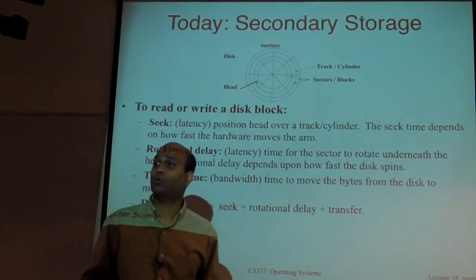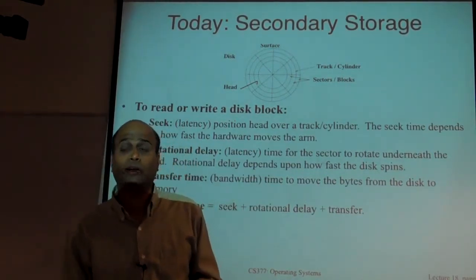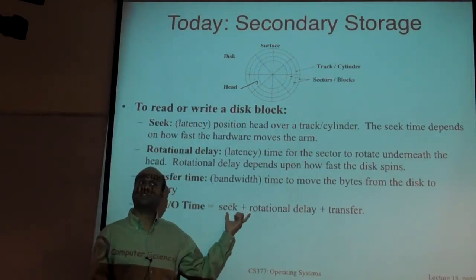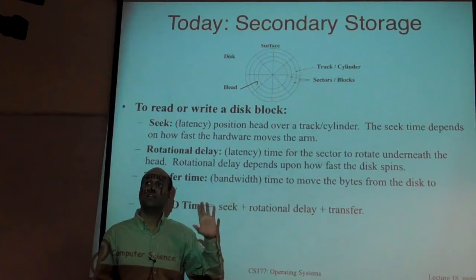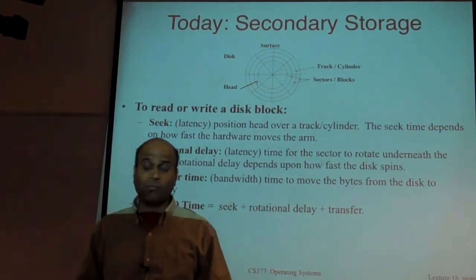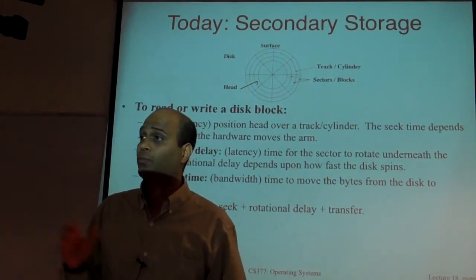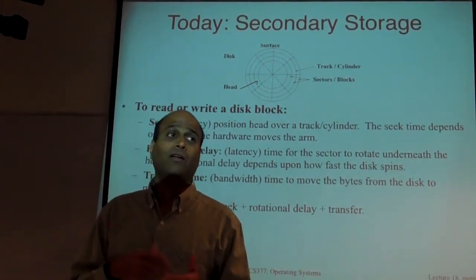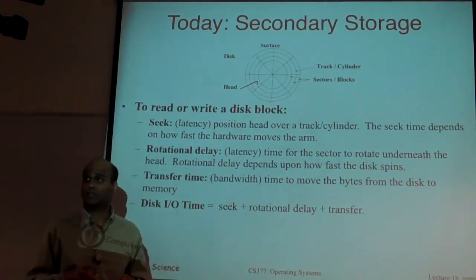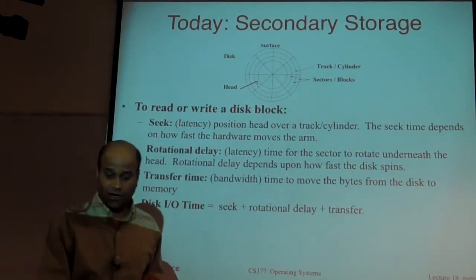This is why disk I/O is slow. So in today's class, we are going to look at techniques to optimize the seek and rotational latency from the disk's perspective. Last time we looked at techniques to optimize it from the file system perspective, by placing data close to one another or coming up with index structures that allow you to do efficient random access.